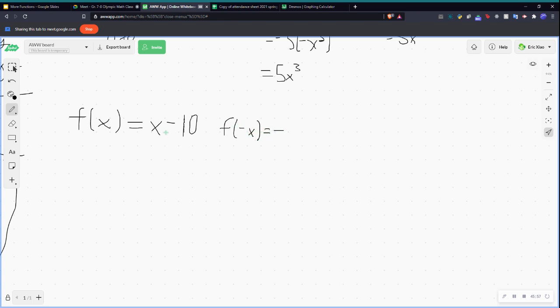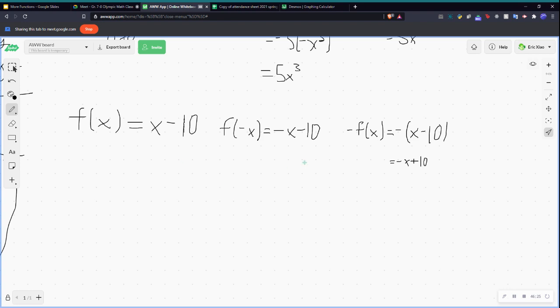Simple, you just substitute negative x for x, so just negative x minus 10. Now we have negative f of x. So instead of just a negative for the x, now you take the negative for this entire thing. So we have negative, in brackets, x minus 10. So this is just negative x plus 10 if you expand it.